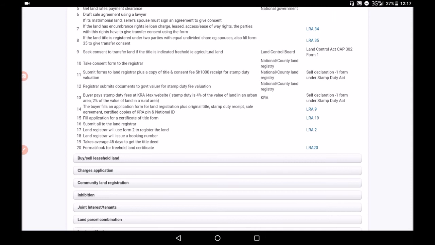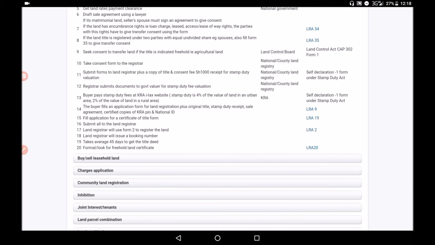Then the buyer pays the stamp duty fee at the KRA iTax website, whereby the normal rates are 4% of the value of the land in an urban area and 2% of the value of the land in a rural area.